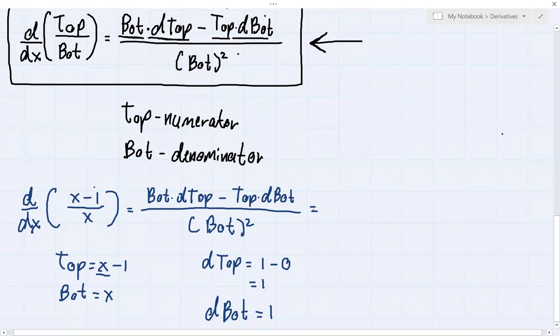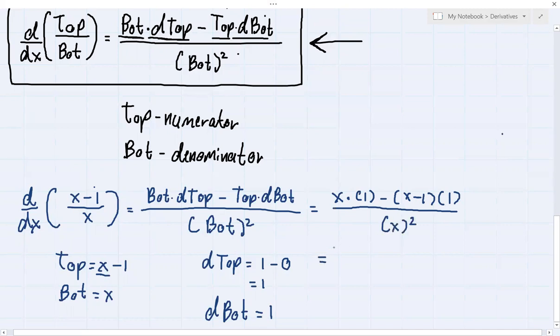It sounds weird, but please believe me, this one is far easier. Or better yet, just write it instead of saying it. So, bot is x times the derivative of top, which is 1, minus top, which is x minus 1, you need the parentheses, times the derivative of bot, which is 1, all over the square of bot, which is the square of x.